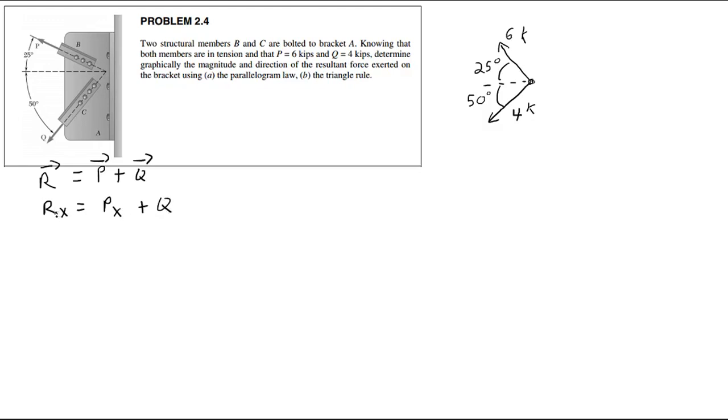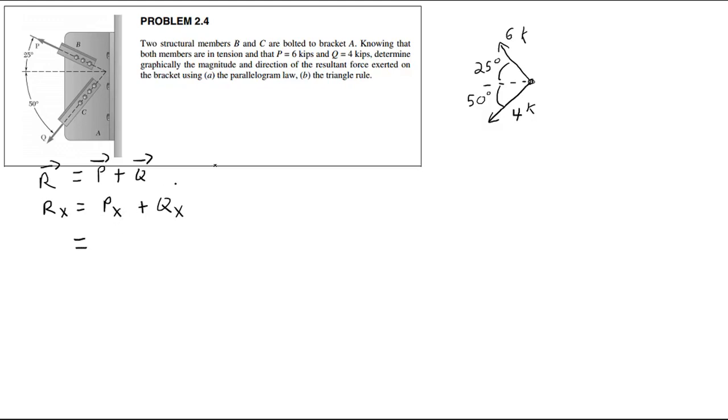What this means is the x component of vector R is going to be equal to the x component of P plus the x component of Q. So Rx equals Px plus Qx. Note, I am using the vector sign above these to indicate that they have components. These will have x and y components. Meanwhile, these are components. These are not vectors. These are simply components, the x components in this case.